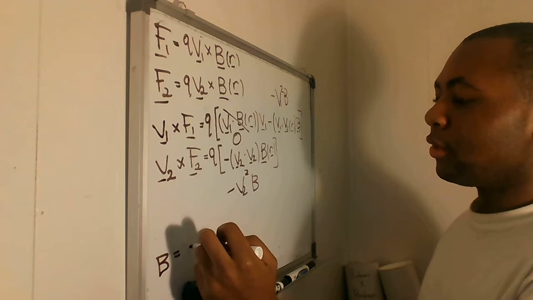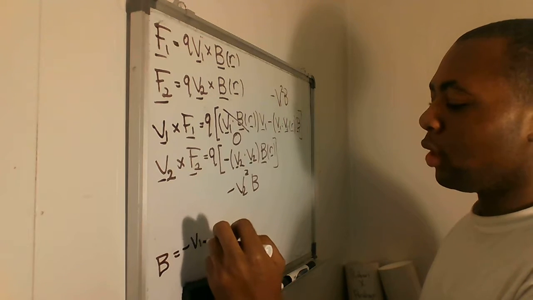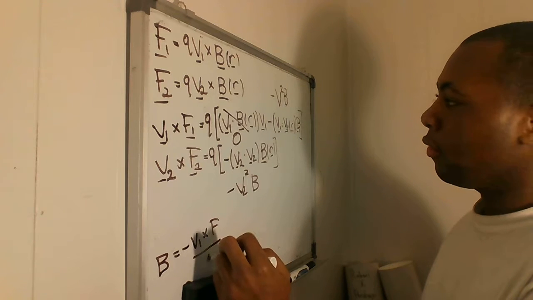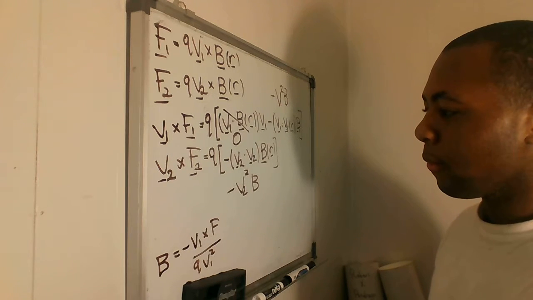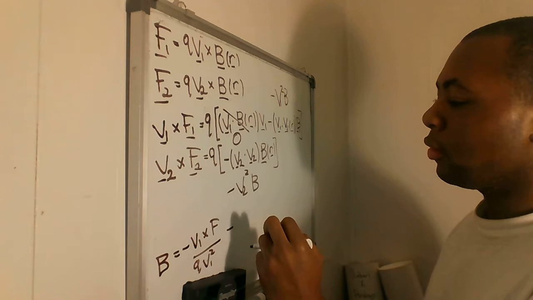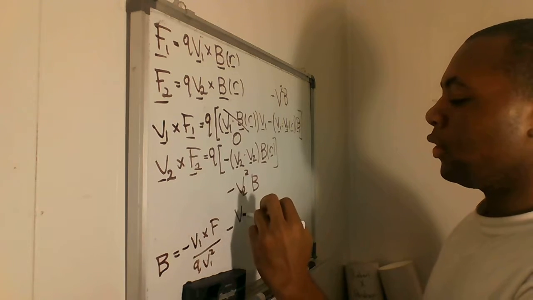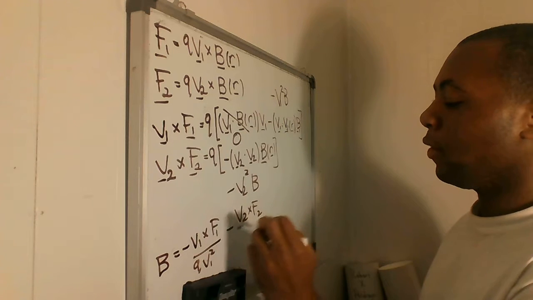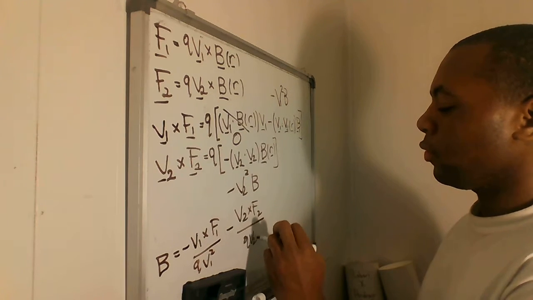We get b is minus v1 cross f over qv1 squared, minus v2 cross f, f1, f2, two separate forces, over qv2 squared.